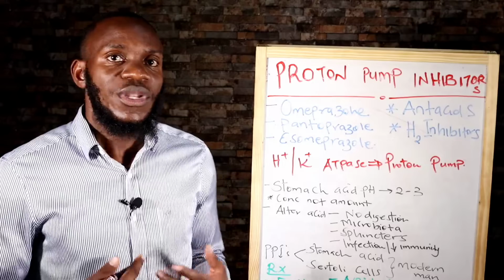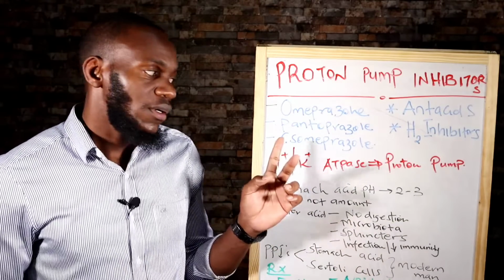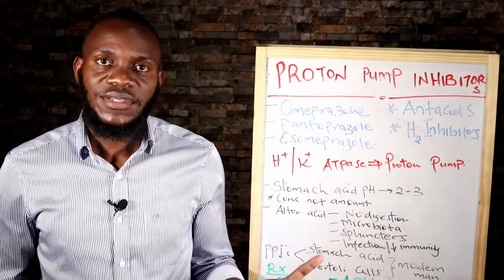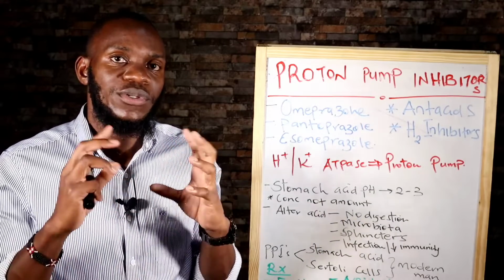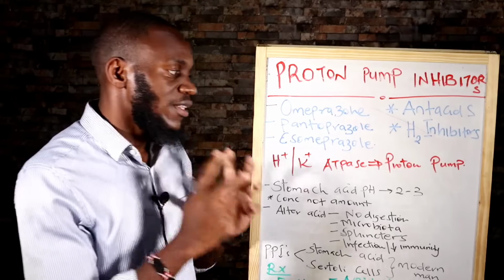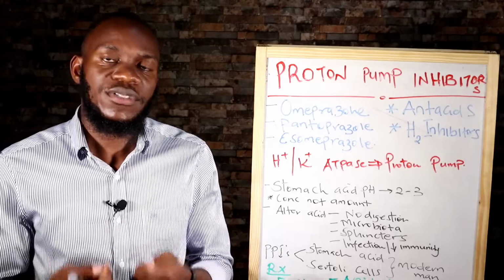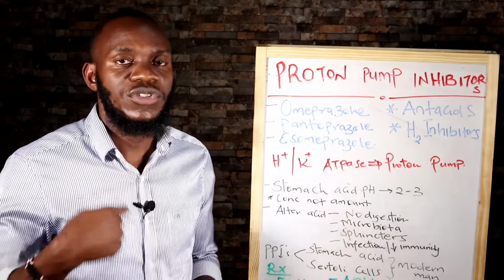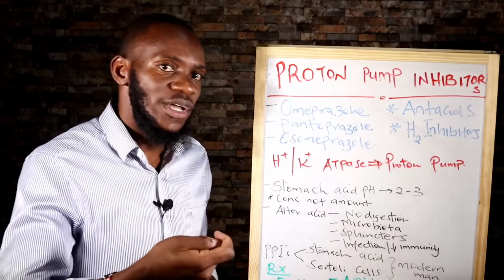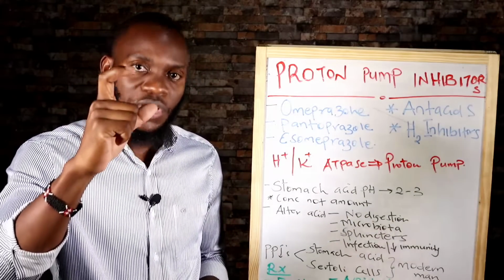So we've said that hydrogen ions are what we call the acid. In the stomach wall, the parietal cells have this proton pump, and its work is to pump hydrogen ions into the stomach so that the stomach acid concentration goes high, because once you concentrate the acid with hydrogen ions, then its concentration goes high, and that means the pH goes low.